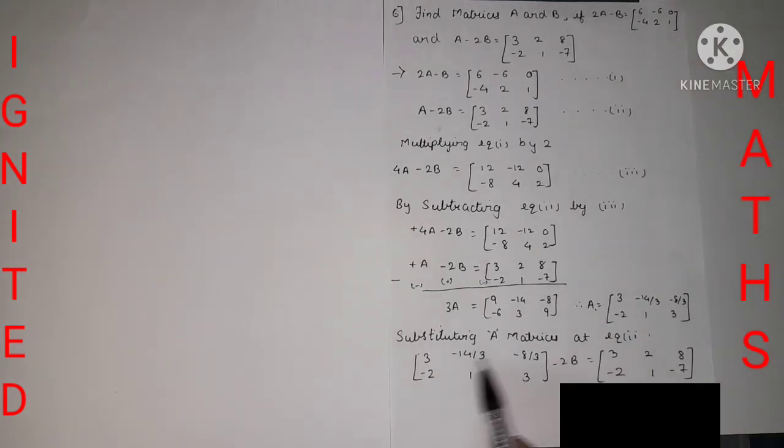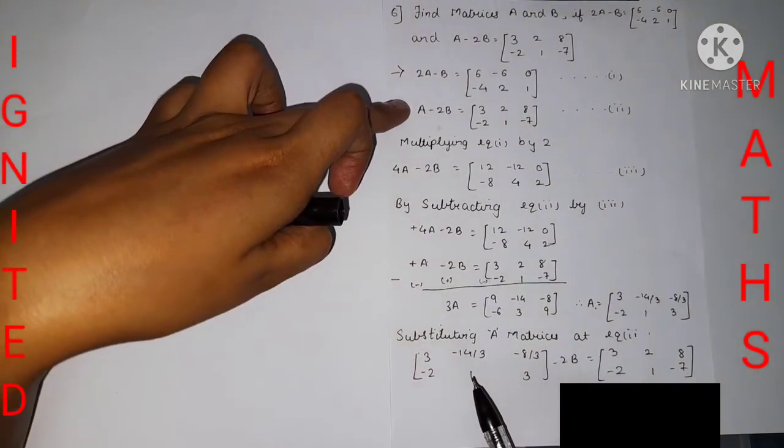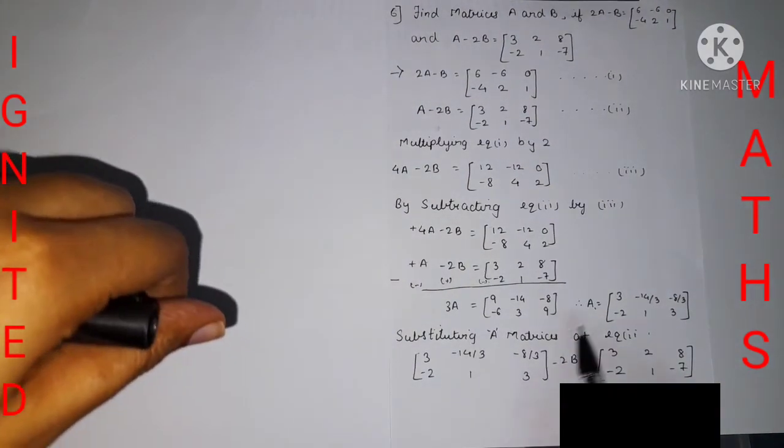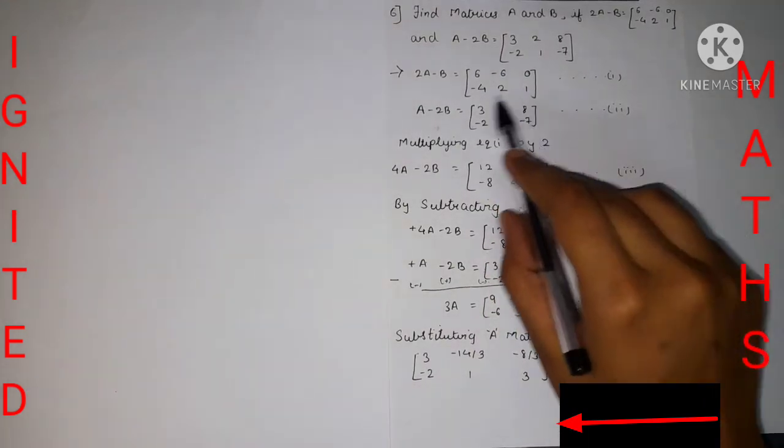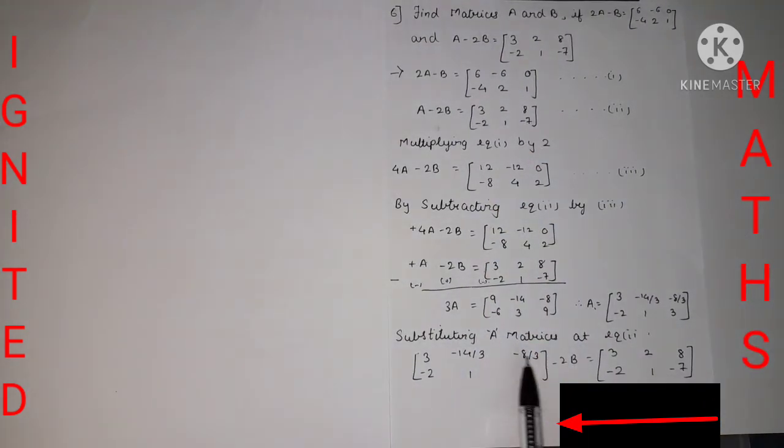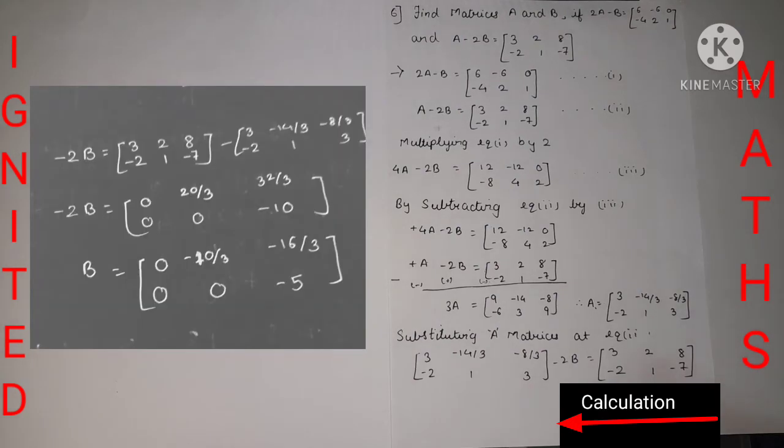So after doing the substitution in equation 2, here A minus 2b is given, right? So A I have got over here. So A minus 2b, minus 2b I have written, and the matrix is given. Now doing the calculation, I will get the answer of B, which is nothing but this.